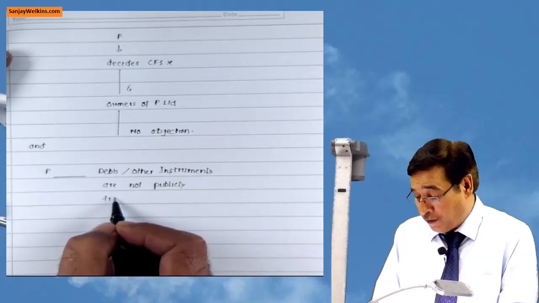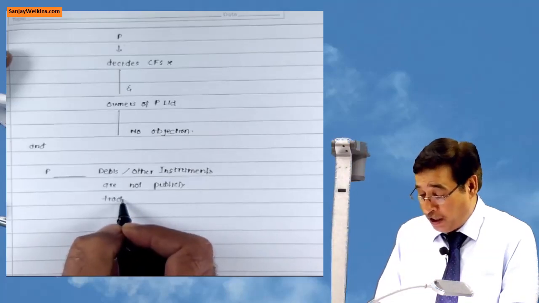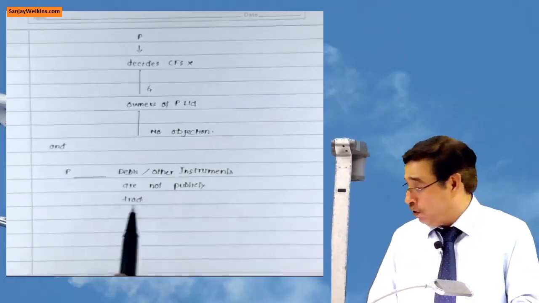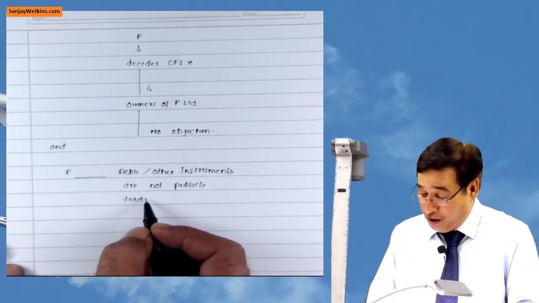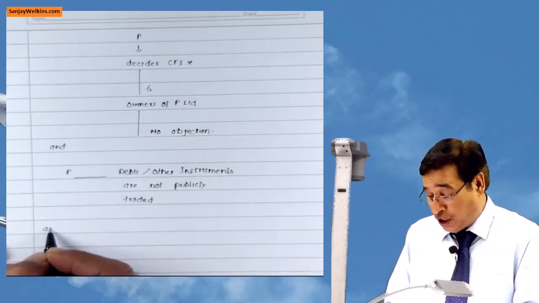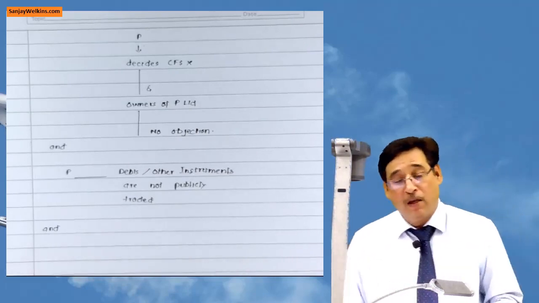That means no trading is being done of the debt securities and equity securities of this entity. And remember one thing, all these conditions must be satisfied, then only it will become an exception.